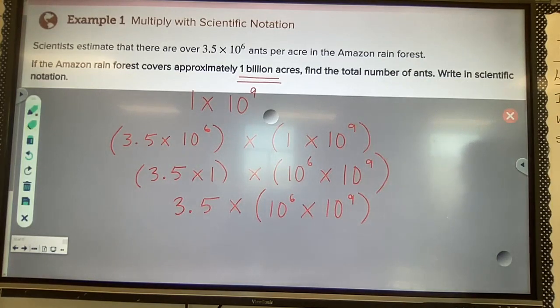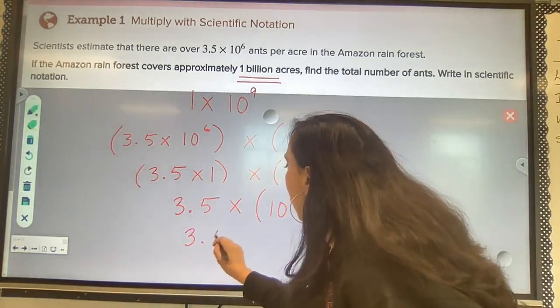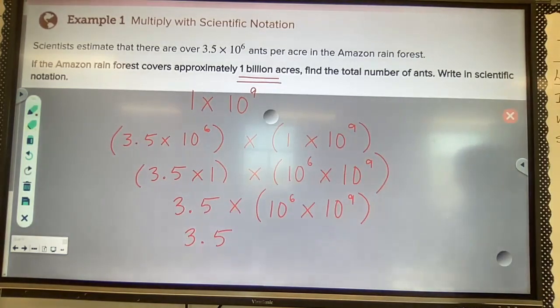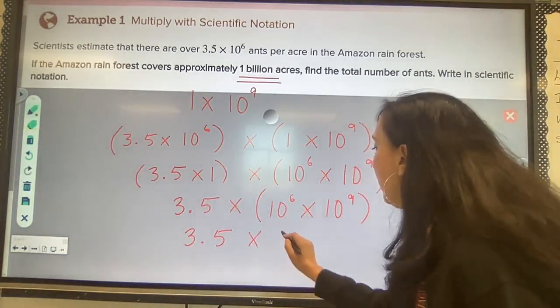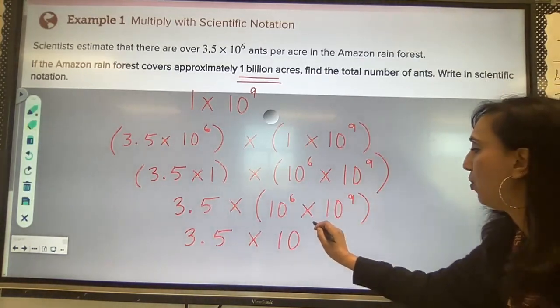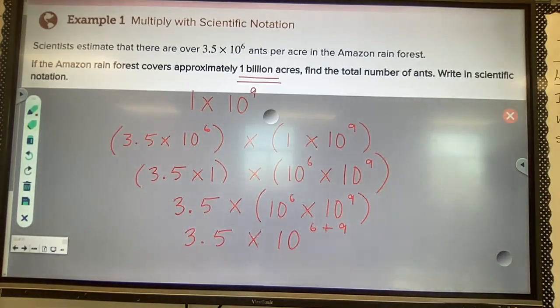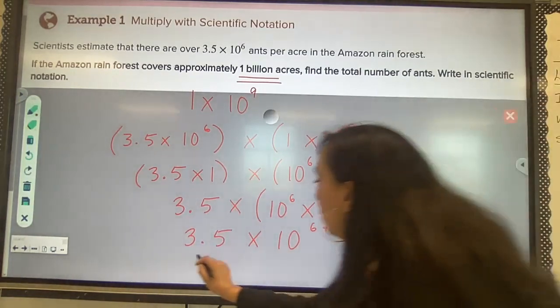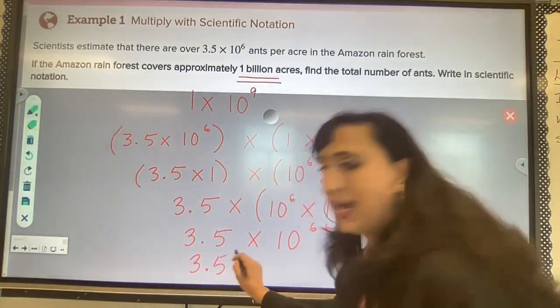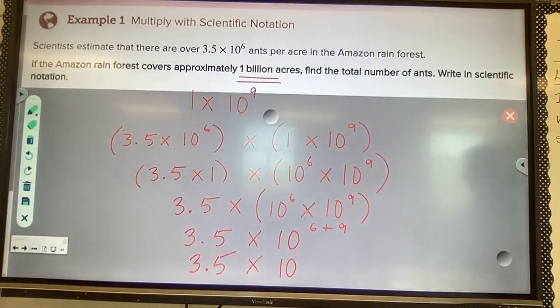Now I'm going to use the product of powers property, and that basically means I am going to take my tens, and the product of powers property tells me if I'm multiplying like this, I add the powers. So what do I get? I get 3.5 times 10 to the, what is 6 plus 9?